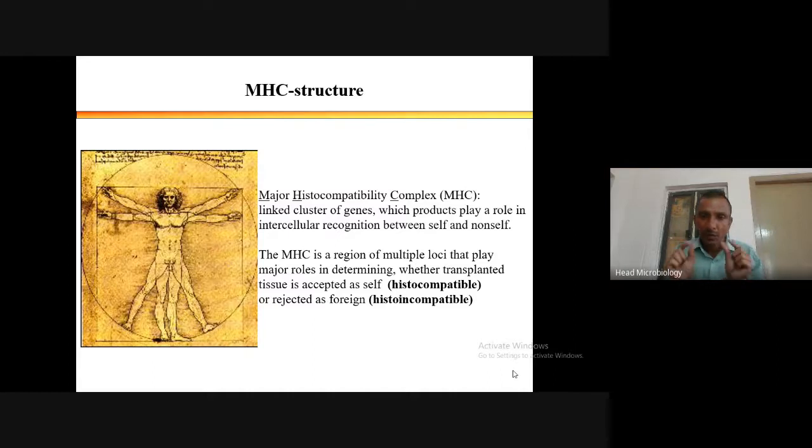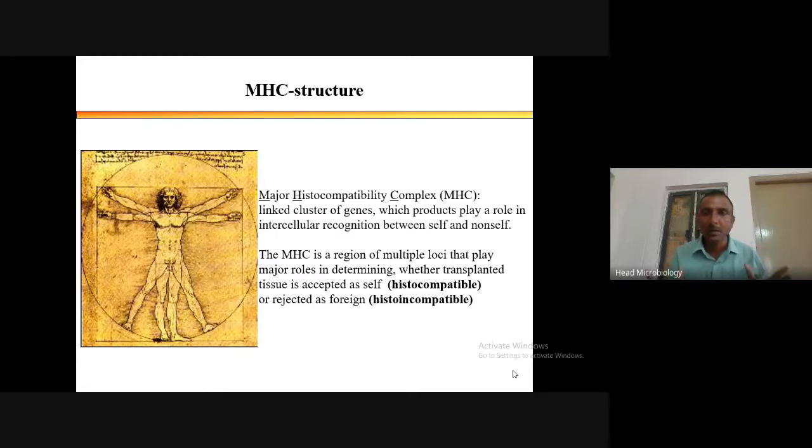It is a linked cluster of genes whose products play an important role in intercellular recognition between self and non-self.